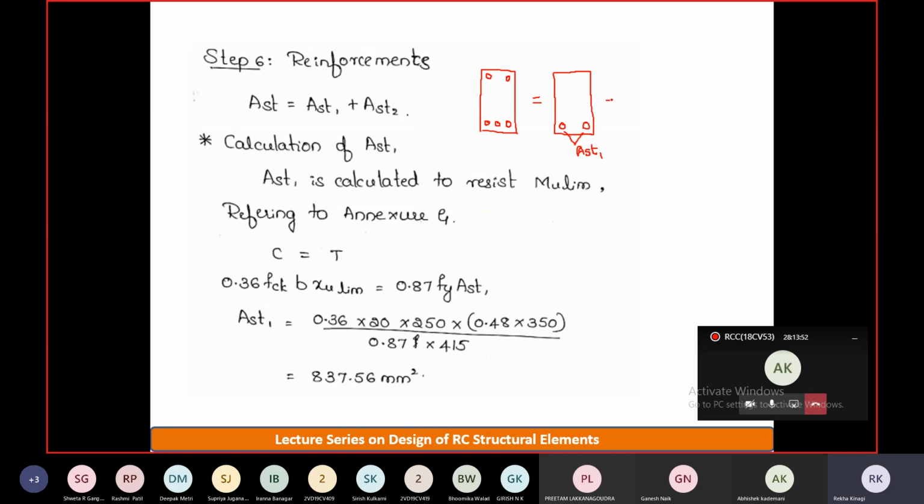Along with this, we need to consider one more section, a steel beam having both compression reinforcement as well as tension reinforcement. Here, this is the area of steel in compression, that is Asc, and this is Ast2.